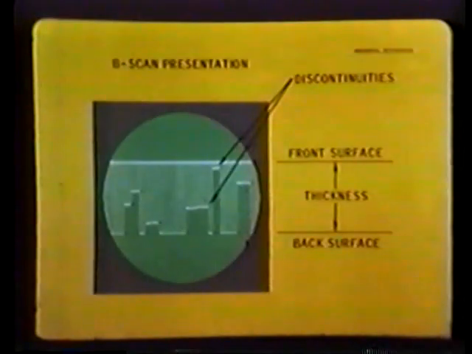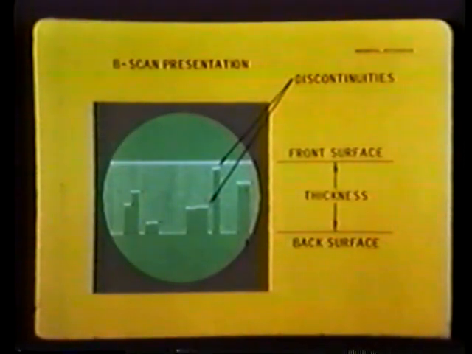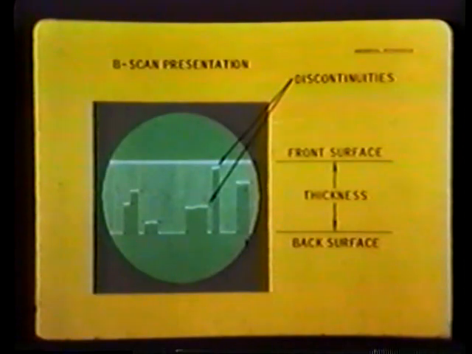Besides A-scan, two other display presentations are frequently used in pulse echo testing. These are the B-scan and C-scan. The B-scan provides a cross-sectional view of the specimen under test. It shows both the front and back surface reflections, material thicknesses, and the relative location and size of any discontinuities.